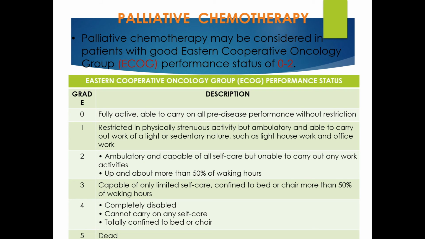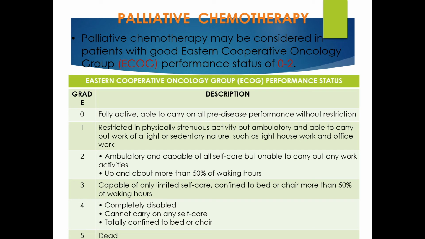You can only consider patient for palliative chemotherapy if their performance status is of 0 to 2 only. Okay, 0 is fully active, able to carry on all pre-disease performance without restriction. Grade 1 is restricted in physical strenuous activity but ambulatory and able to carry out work of light or sedentary nature, such as light housework or office work.